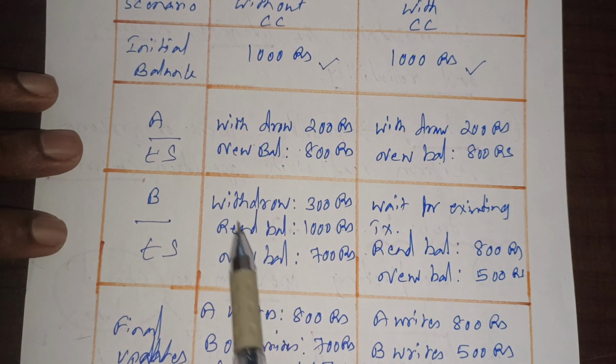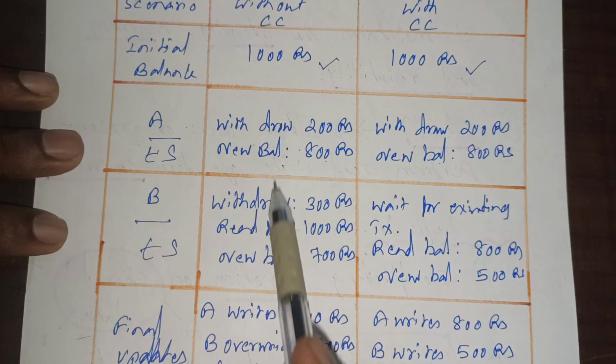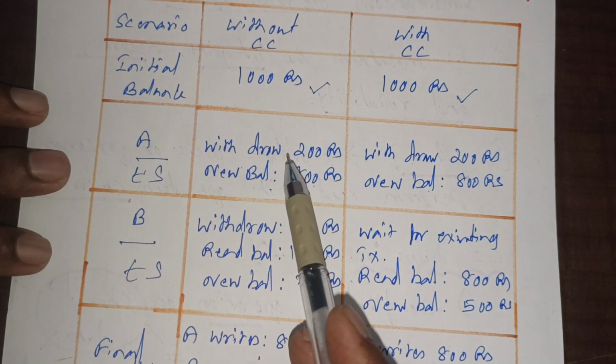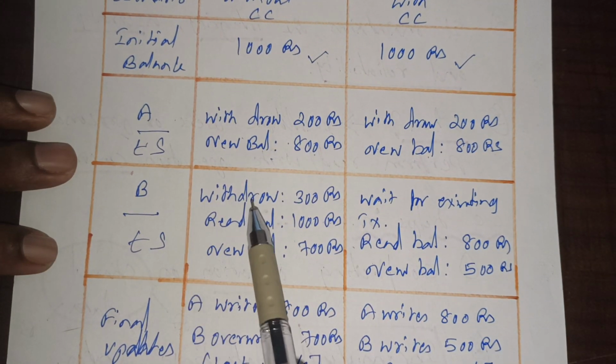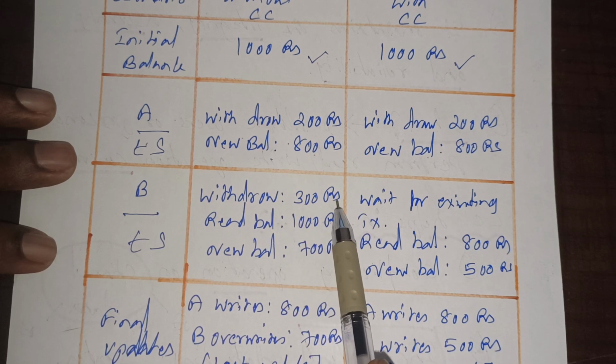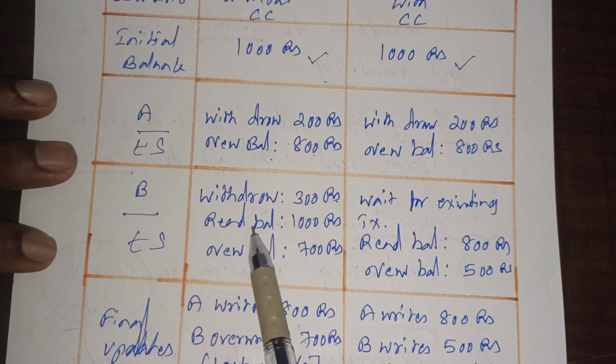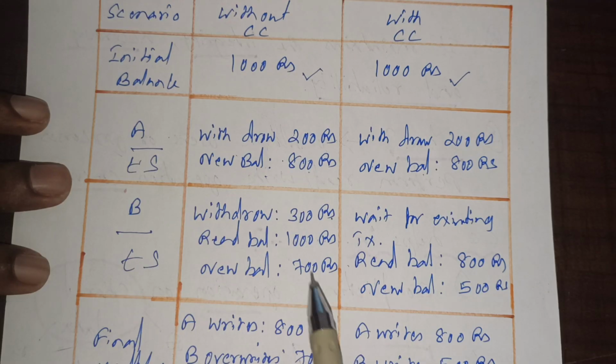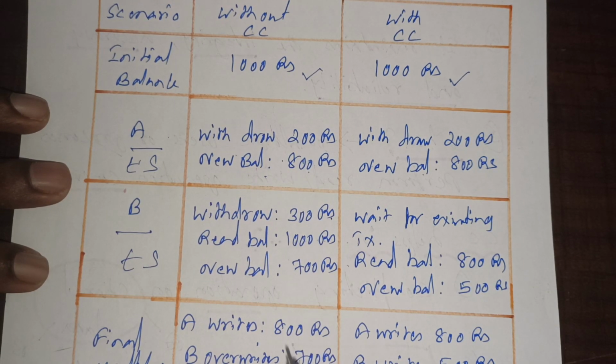Now what happens without concurrency control? What if B withdraws 300 rupees and reads the balance as 1,000, but the actual balance is 800 rupees? That is the point we need to know.